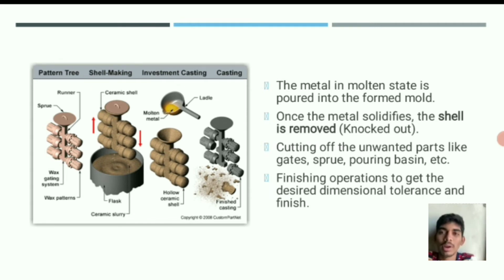Now if we observe the figure clearly, we can understand that the figure consists of four stages.